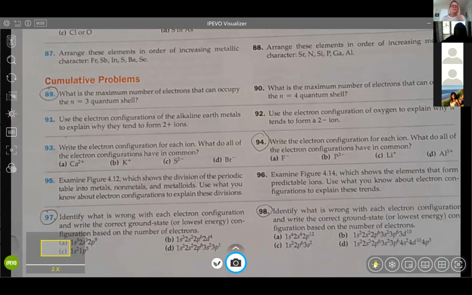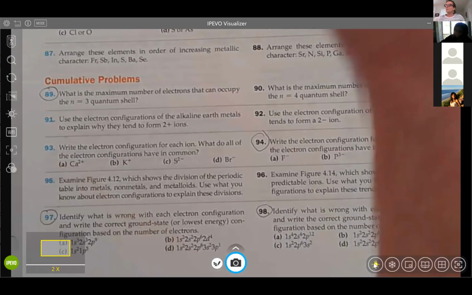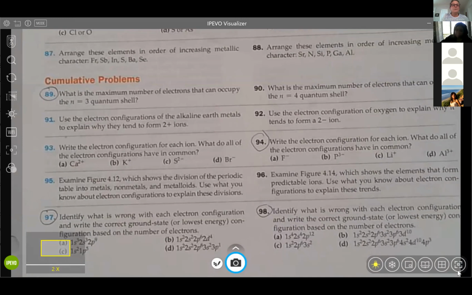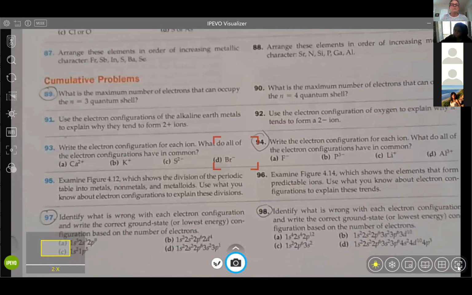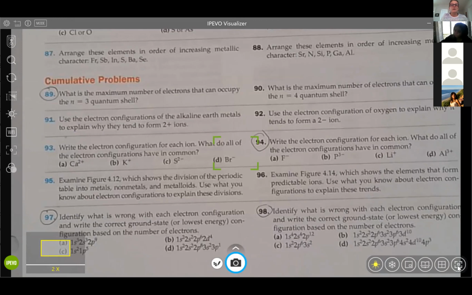Okay, so that question is, what is the maximum number of electrons that can occupy the n equals 3 quantum shell? So how would you approach that?